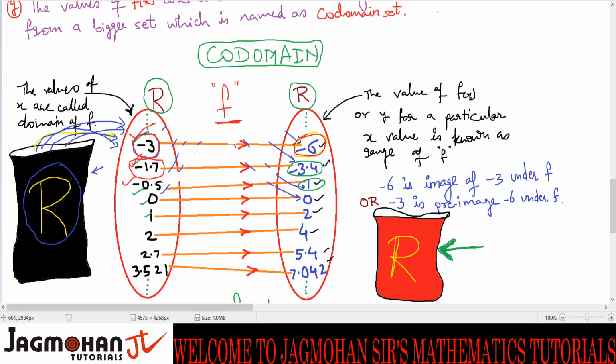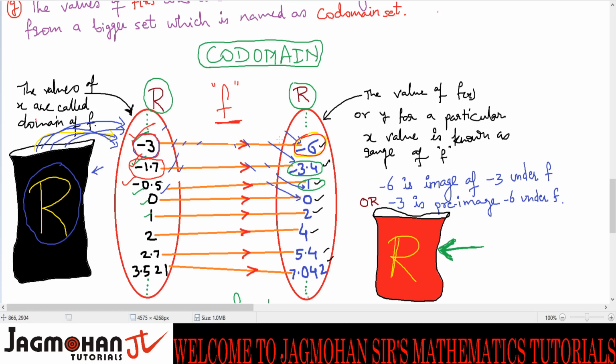So what I noticed is that every element in the domain set is having an image in the range set. Further, the elements of the range set have one and only one pre-image. Look at -6. If I ask you what is the pre-image of -6, you will say -3, and that's all.